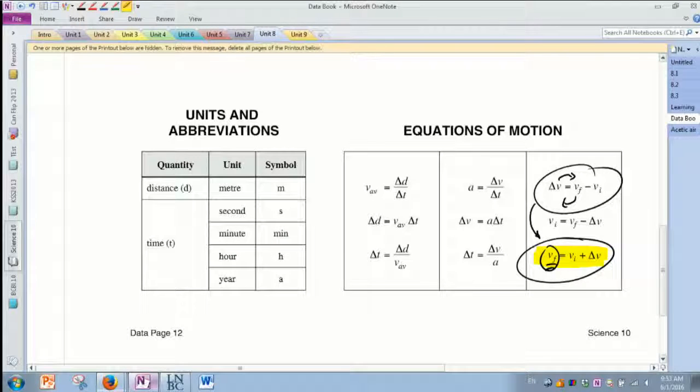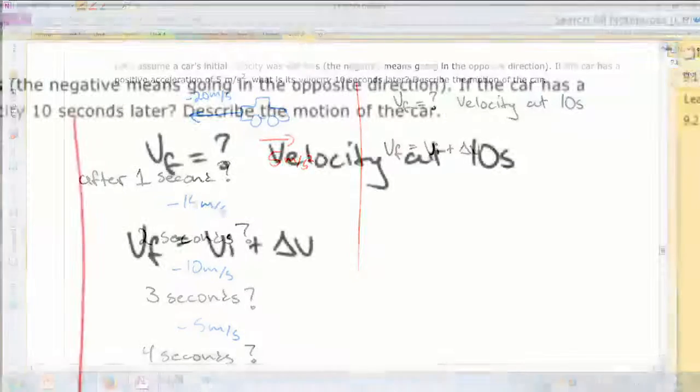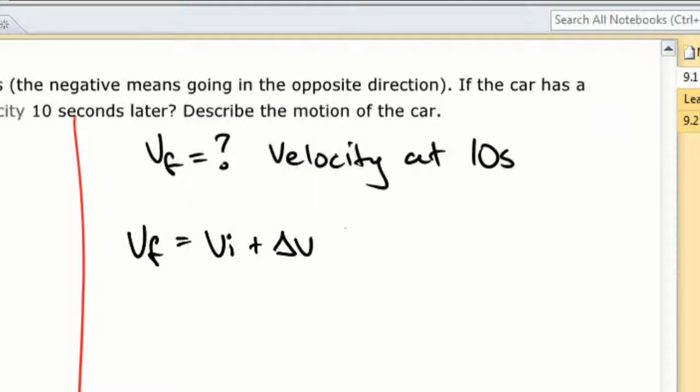So I'm going to jump back over to here. I know my final velocity is my initial velocity plus the change in velocity. Now, I don't know a lot of things, so I'm going to have to use another formula.